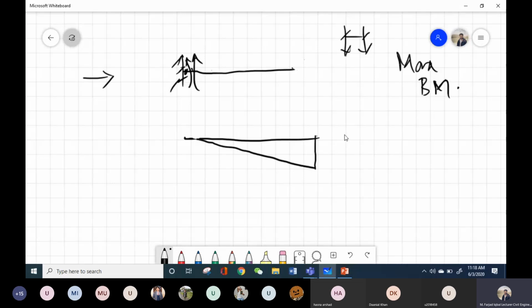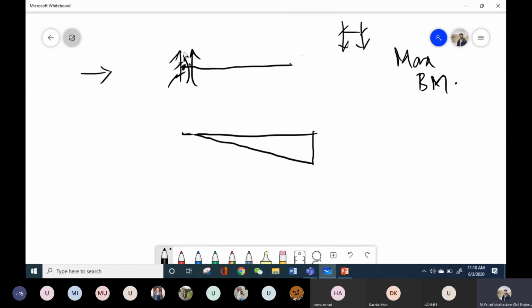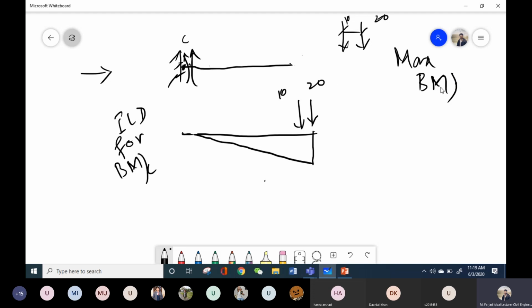So this is the influence line diagram for, let's say, this point C. Now, in this case, although the bending moment was maximum at this point, I have to place my moving load at the free end to get the maximum value of bending moment over the entire beam.